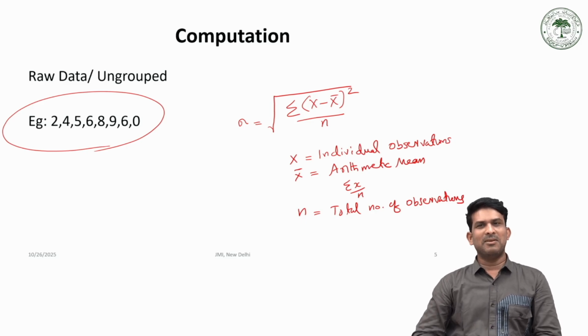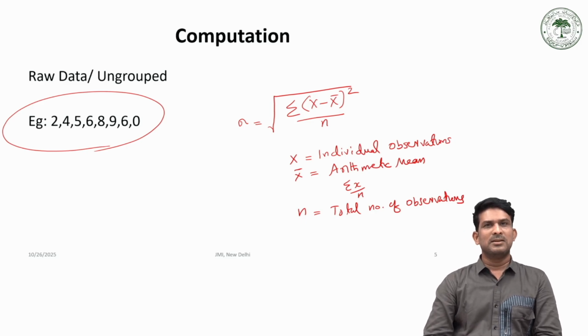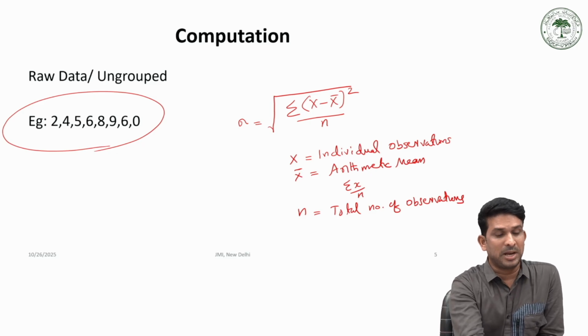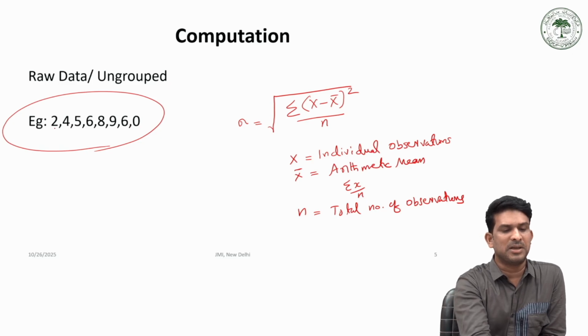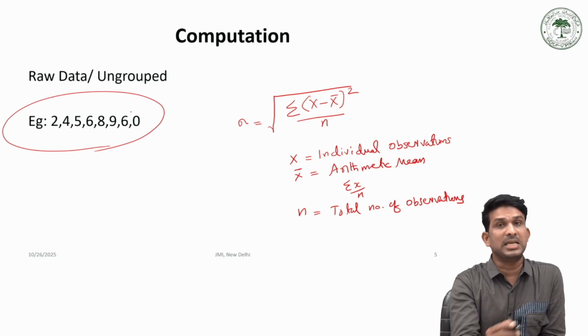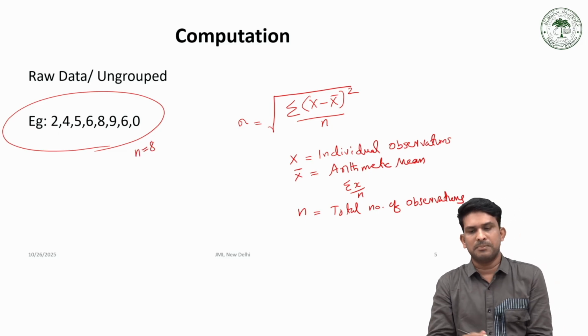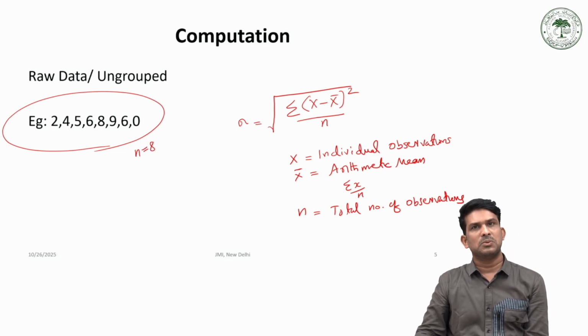Yes. Now let us compute standard deviation for the raw data. We have a raw data set: 2, 4, 5, 6, 8, 9, 6, 0. How many observations do we have? 2, 4, 6, 8. Number is 8. N is 8. Clear? Let us come to the computation now.